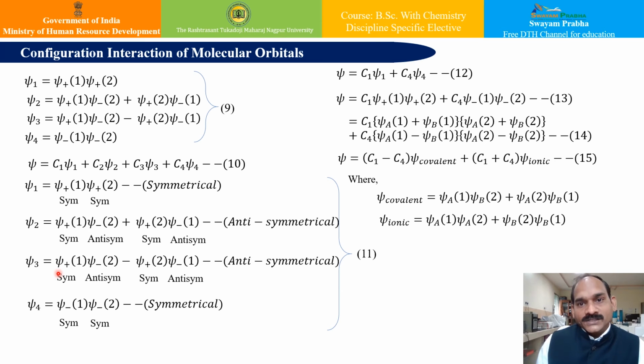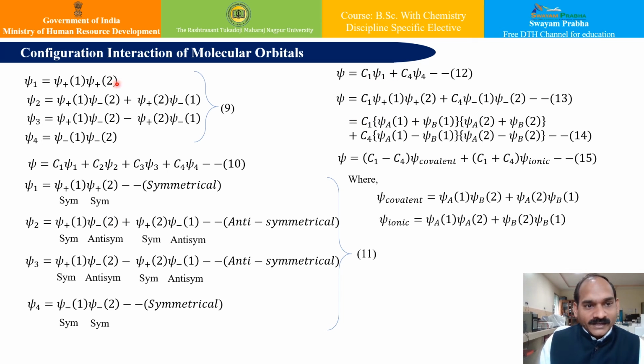Therefore, the configuration psi4 will only mix with the configuration psi1, and hence equation number 10 will reduce to equation number 12, because both the parts psi2 and psi3 will go off, since only this part will mix with psi1. Now substituting the expressions of psi1 and psi4, we get equation 13.